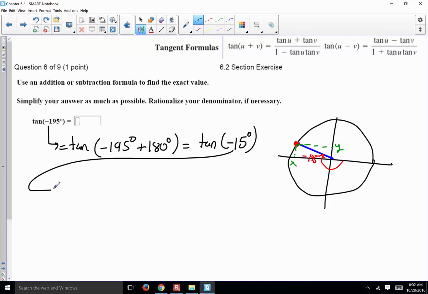Now, can you compute this as a sum of two different angles or difference of two different angles that you can compute, each u and v? What two angles make minus 15 when you add or subtract?